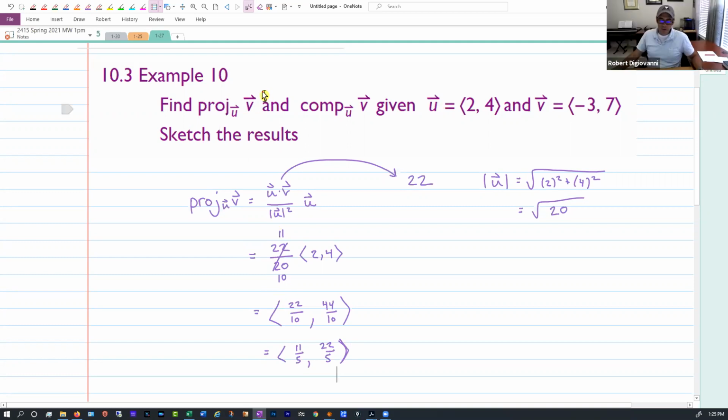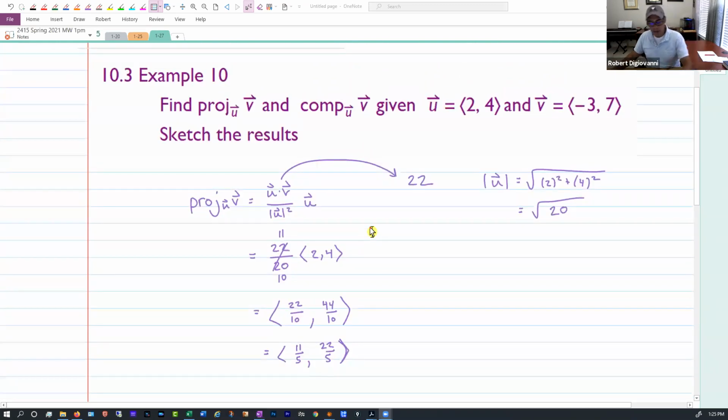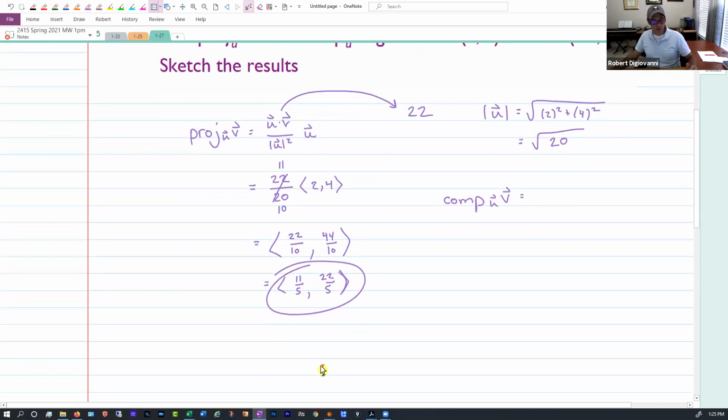And then we also need to find the component. Now there's a formula for component, right? The formula is easy, you could just use it. U here, V here, it's probably easier just to do this. But do y'all realize y'all could also just find the magnitude of that vector? In other words, you could just say, what's the magnitude of that?